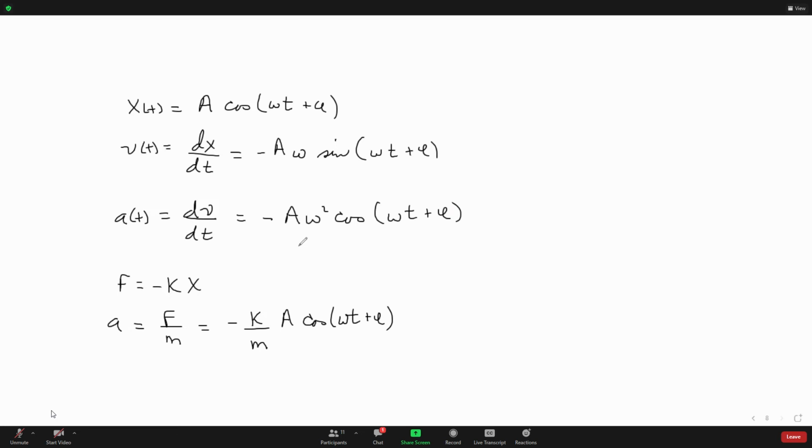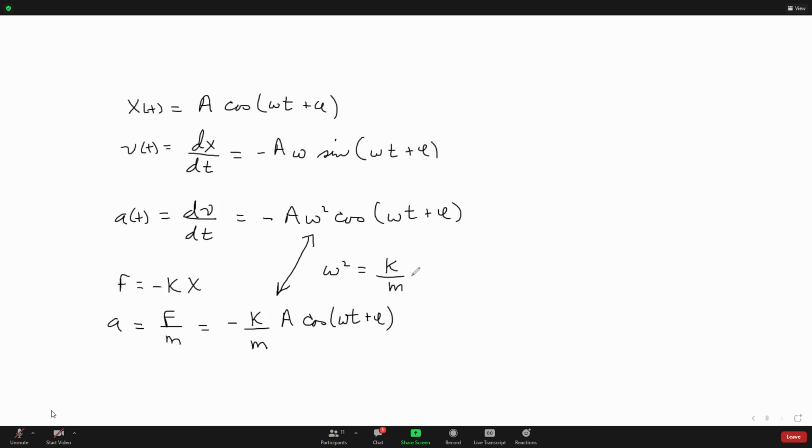But these two expressions here are identically the same. Why? Because omega squared is equal to k over m. Okay, so it all works out.